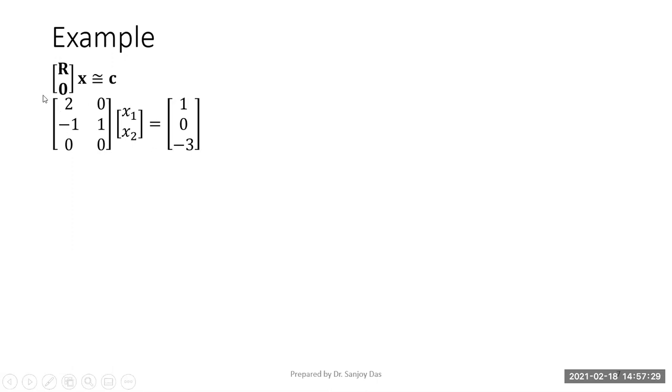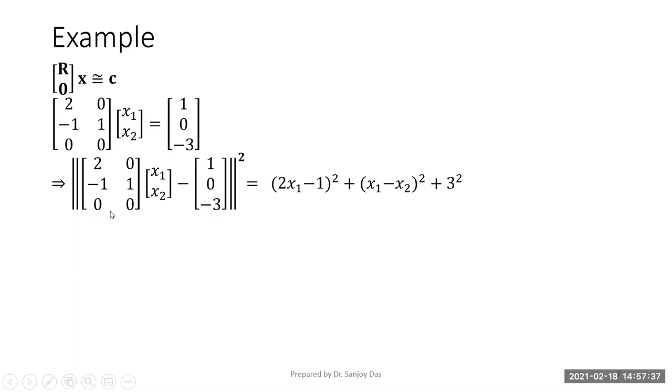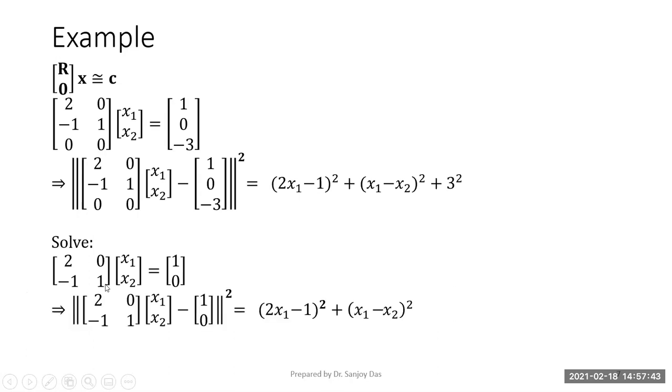So I have a good neat square matrix here, which is also a triangular matrix. I can directly solve it using back substitution, and I will get the same solution as the min norm solution, at least in this example. Am I clear?